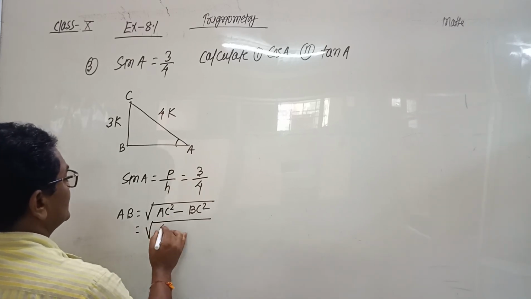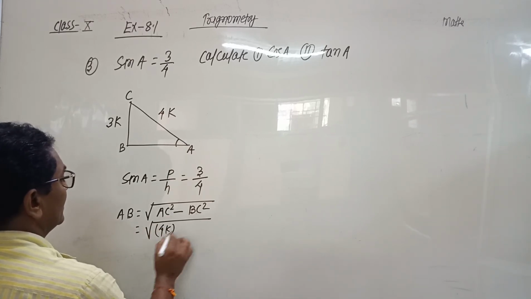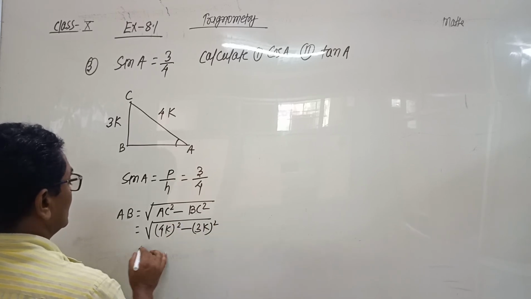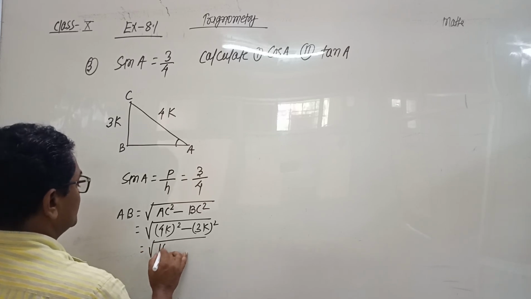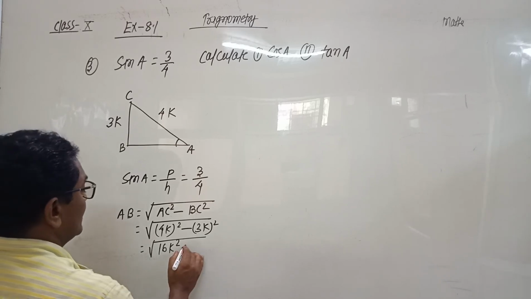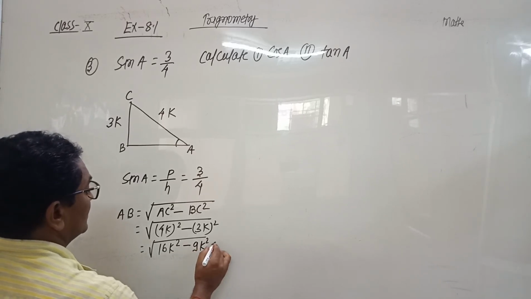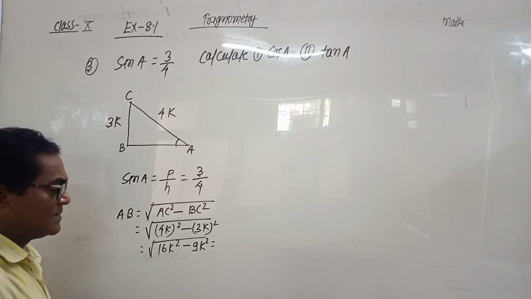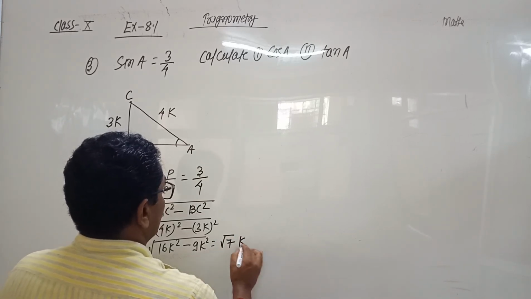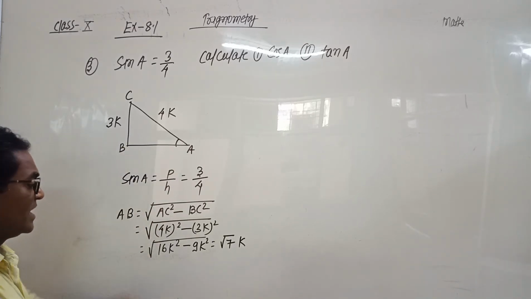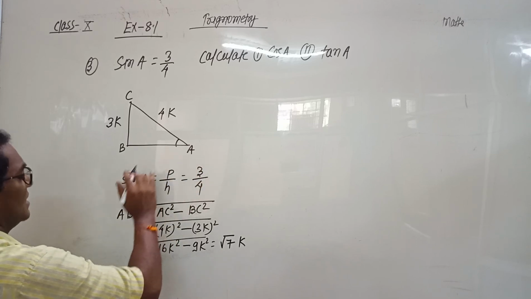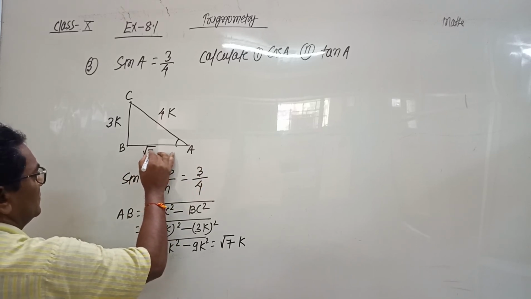Putting the value of AC, 4K the whole square, minus BC, 3K the whole square, we get the square root of 16K square minus 9K square. 16 minus 9 is 7, and K square comes outside the root. So the value of AB comes to be root 7 K.